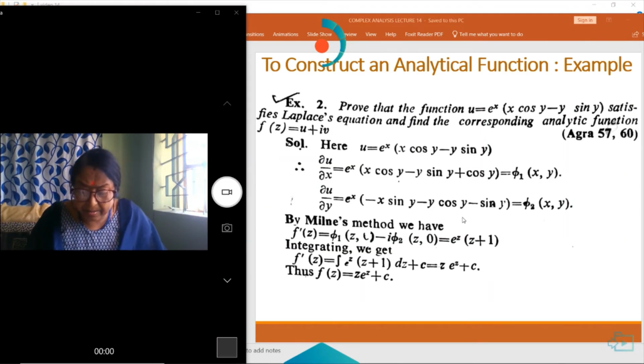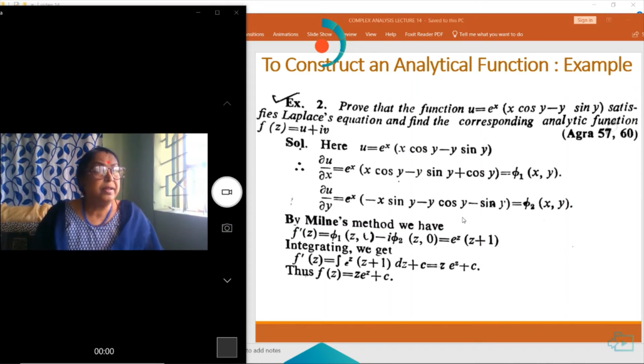Then by Milne-Thomson's method, f'(z) = phi 1(z, 0) - i phi 2(z, 0), which after calculation gives us z + 1.